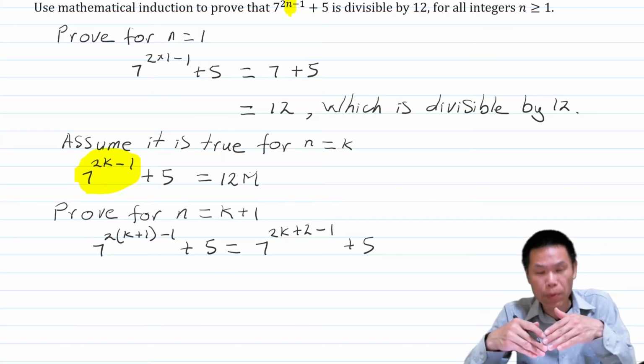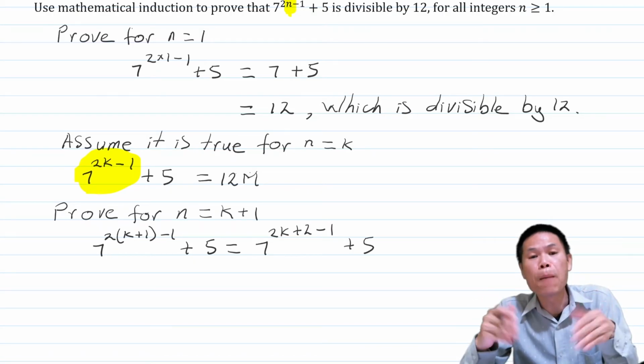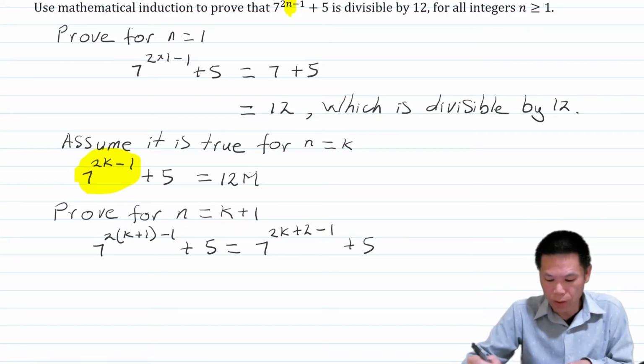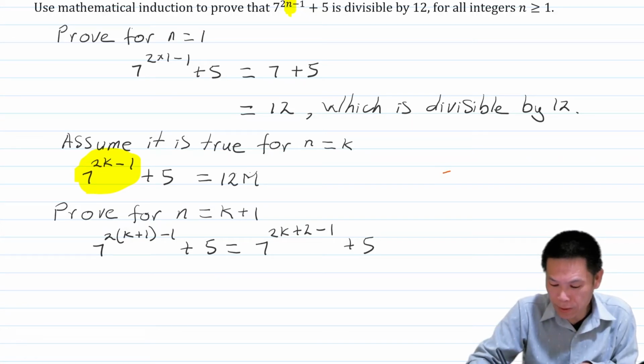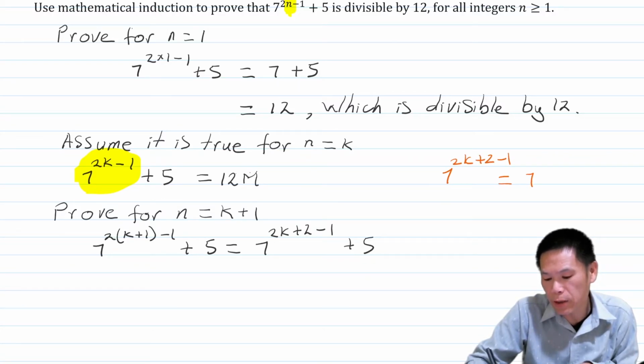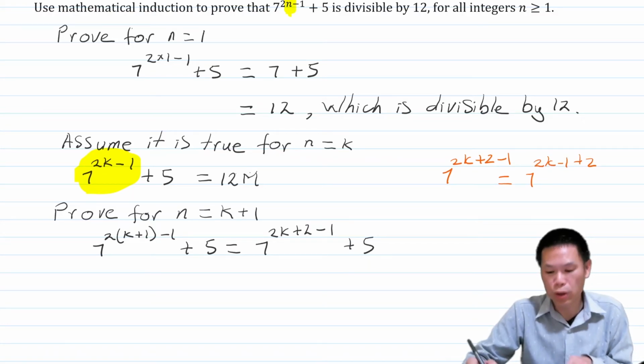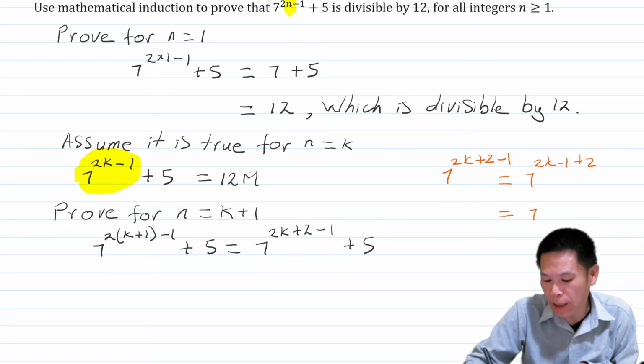So we can manipulate it so it becomes a multiple of 12. Okay? So that is 7 to the power of 2k plus 2 minus 1 is equal to 7 to the power of 2k minus 1 plus 2.